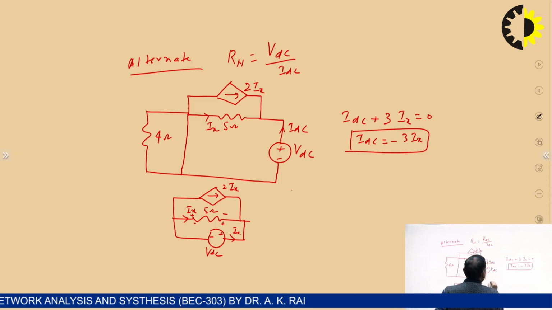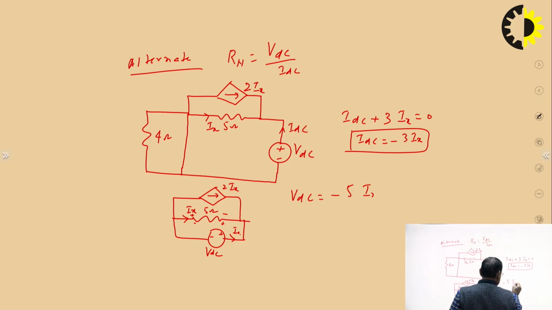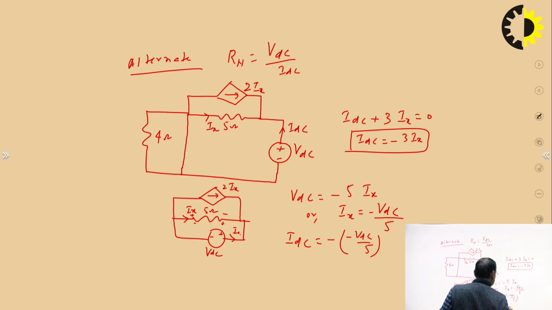So basically VDC is equal to minus 5 Ix, or we can say Ix is equal to VDC upon 5. So IDC is equal to minus VDC upon 5.